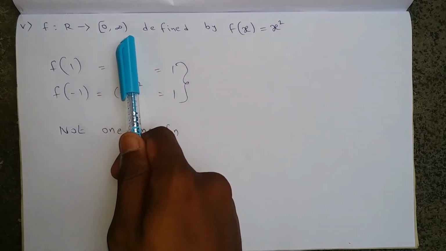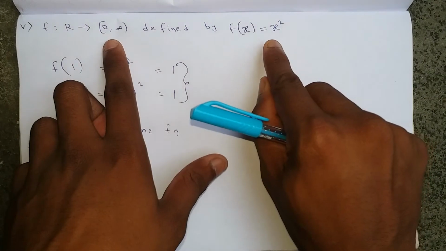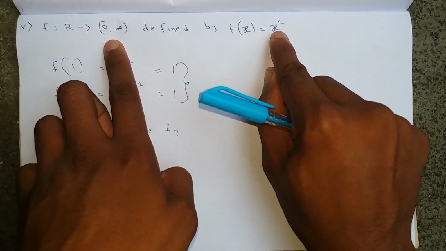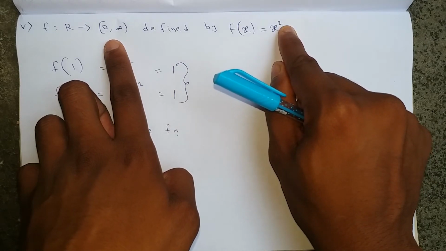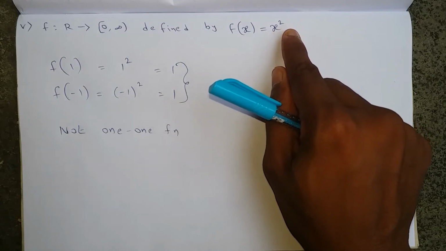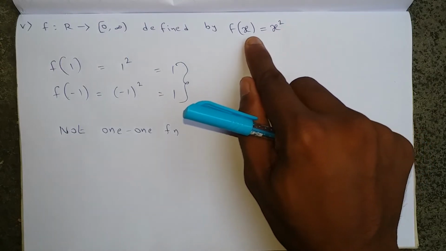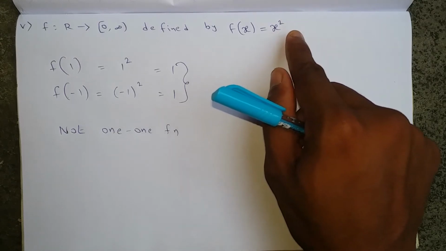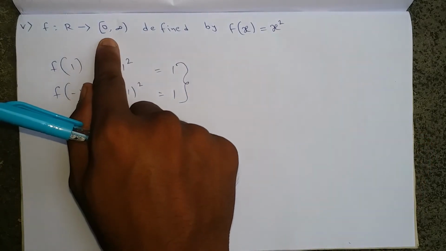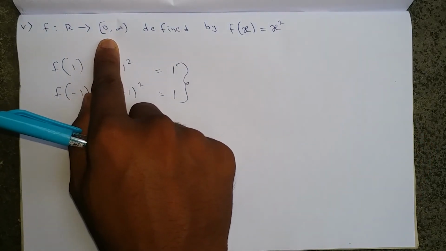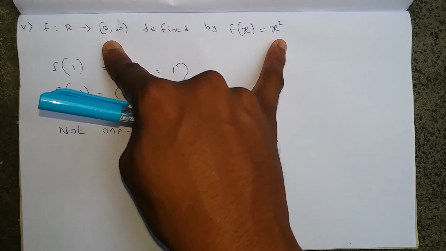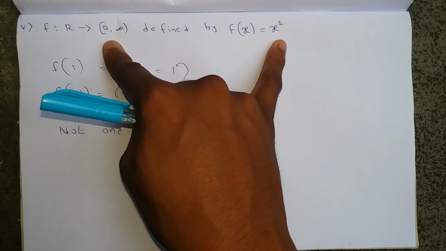No negative numbers are in the codomain, because we are doing x square. A positive number squared is positive, and a negative number squared is also positive. So there is no chance that the f of x value will be negative. So the range is completely positive, and the codomain is also completely positive. So range and codomain are equal to each other, and we can conclude this is surjection.